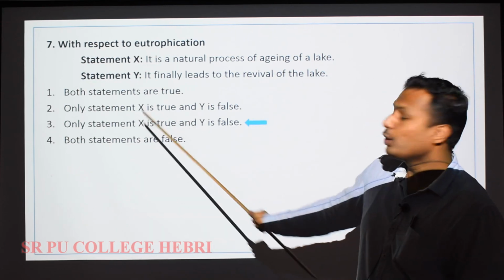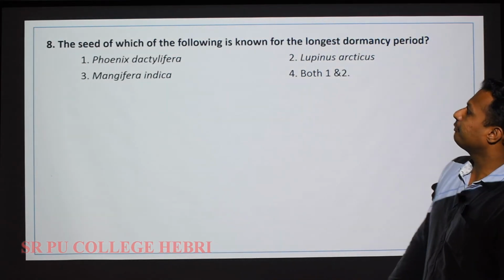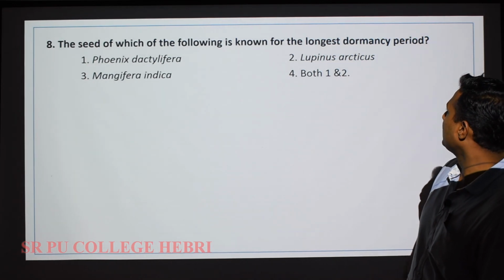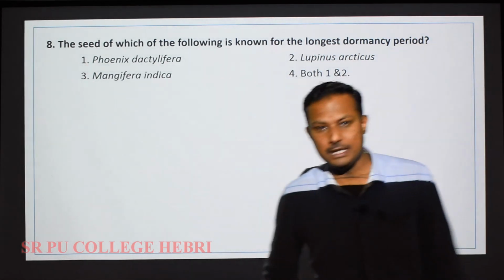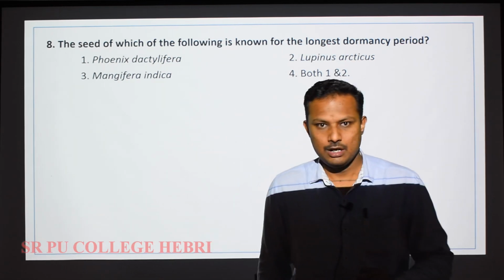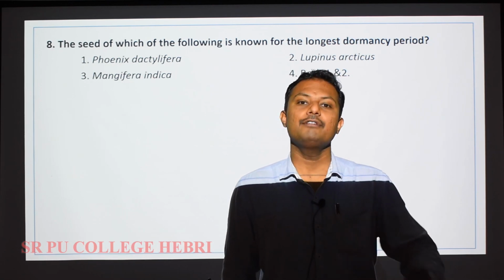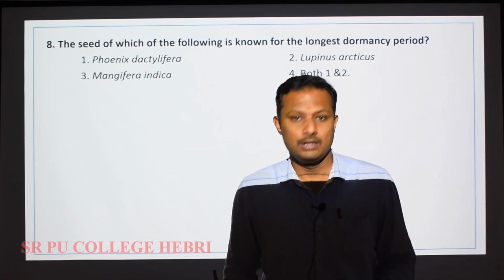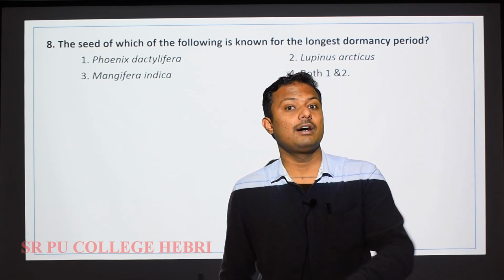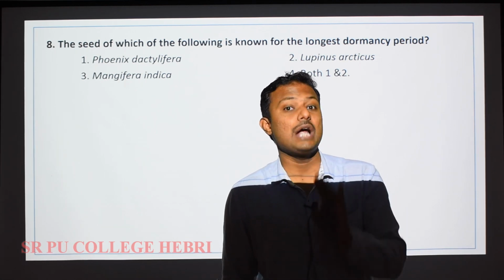So going to the next one, the 8th one. The seed of which of the following is known for the longest dormancy period? Dormancy, you already know, is a resting phase or a sleeping state of the seed, to overcome unfavorable conditions. The favorable conditions a seed needs are proper temperature and moisture.